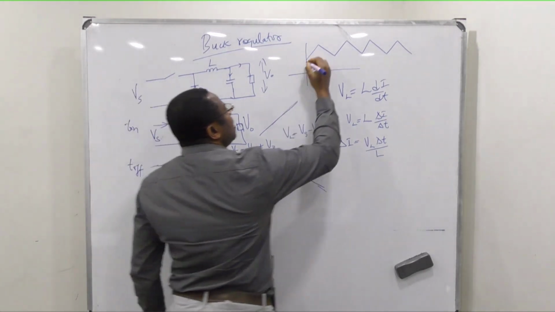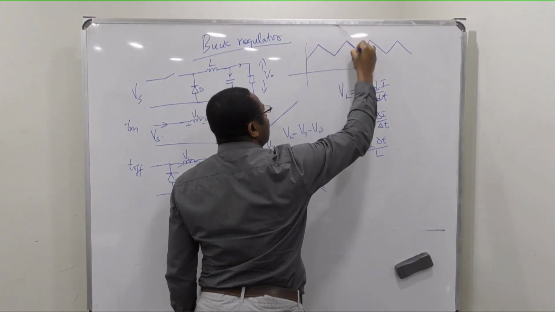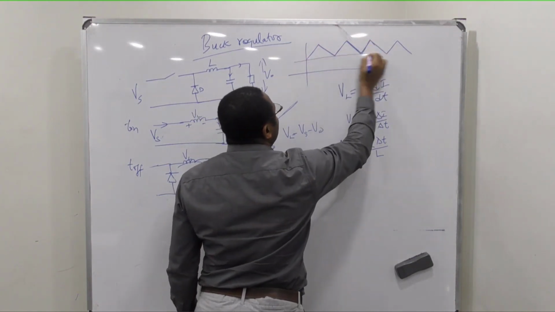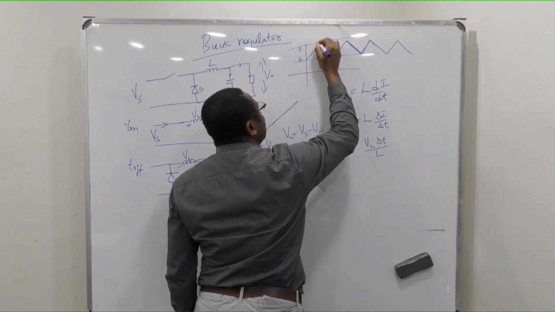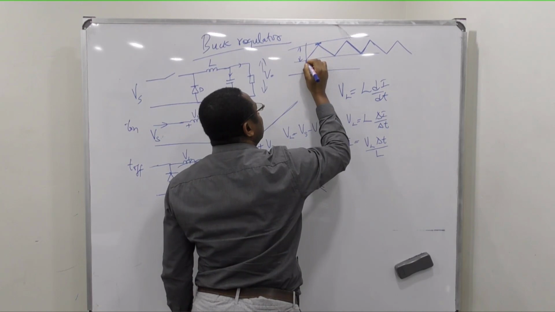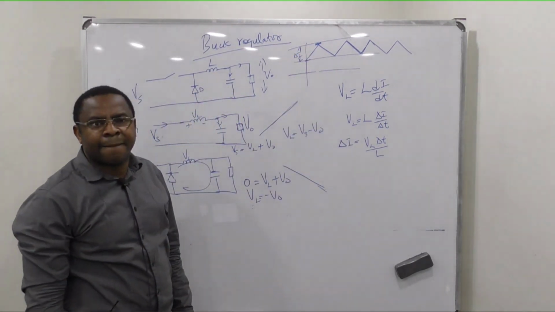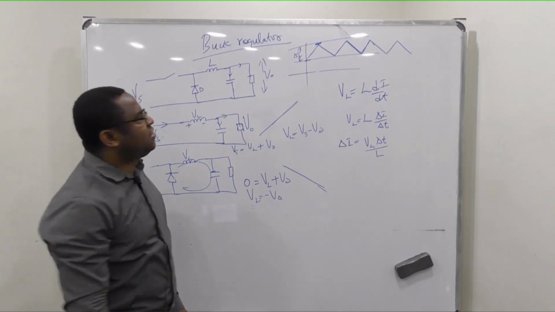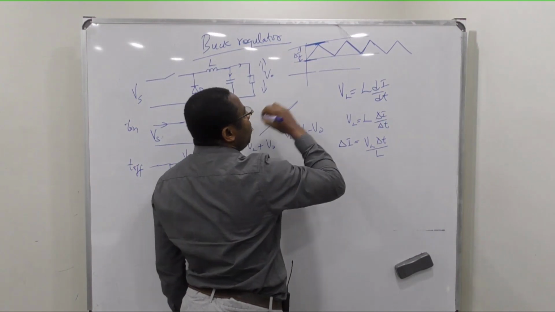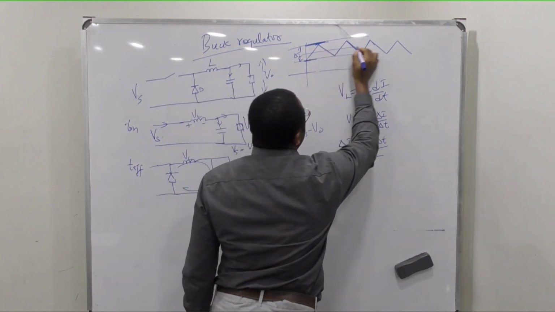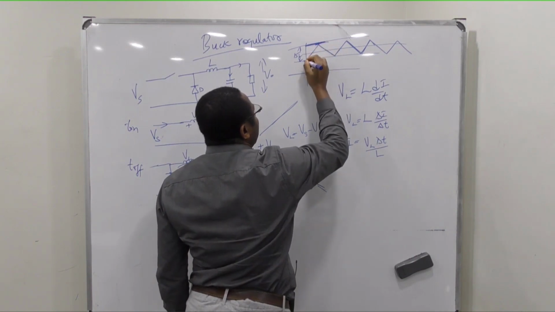And we said that this builds up during time on and comes down during time off. Do you know that from here to here is our change in I? That's the change in I from this point to that point. If I want the average value, it will be this, but the change in time will be between this point and that point.